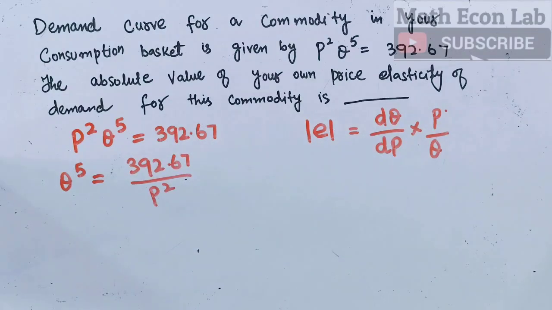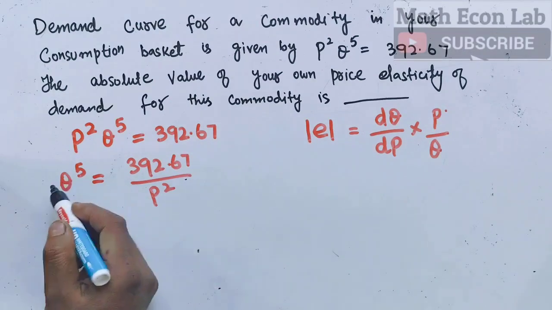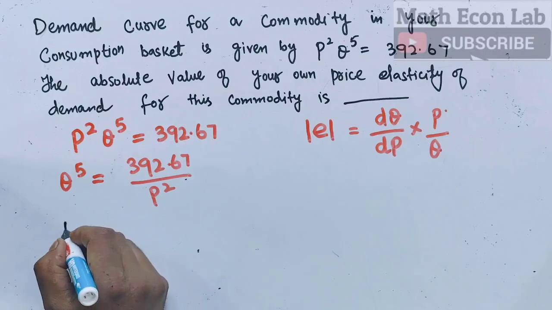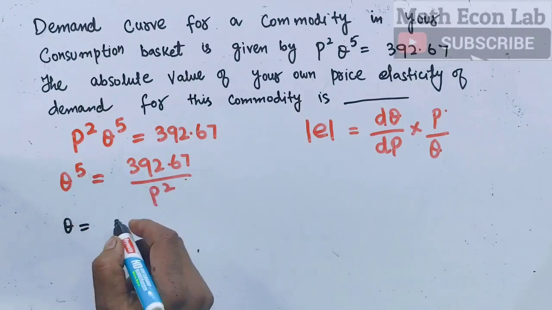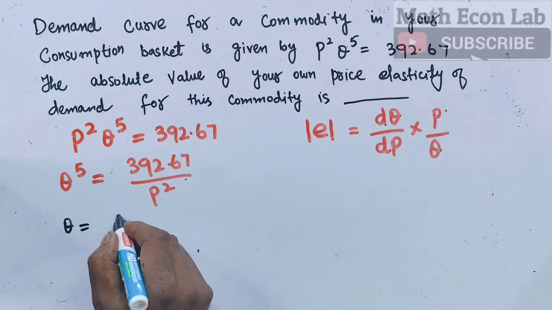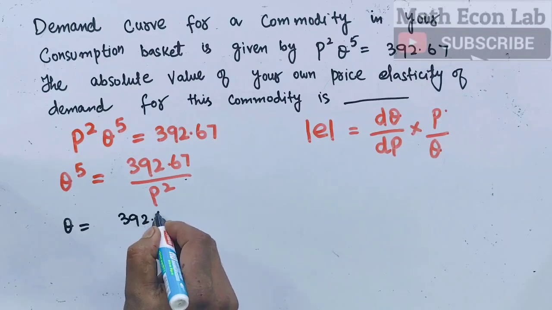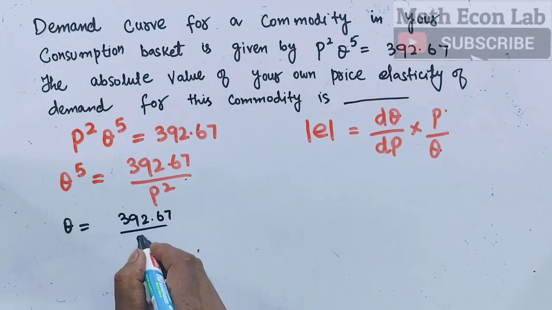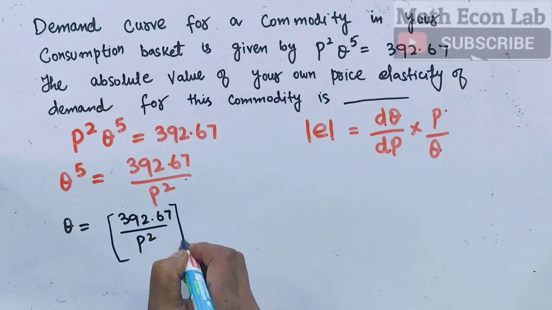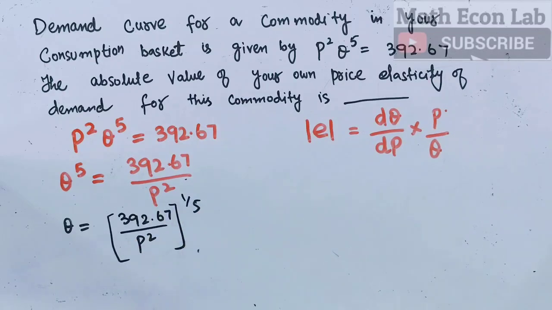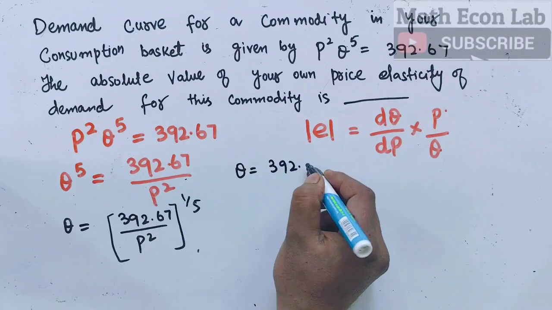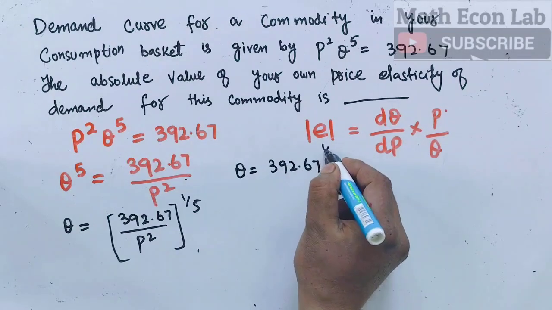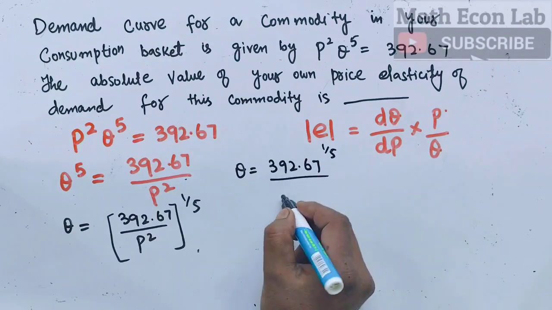Then since I only need q, transposing this, it becomes 1 upon 5 as exponent. So we will get 392.67 divided by p square whole raised power 1 upon 5, or q will be equal to 392.67 raised power 1 upon 5 divided by p raised power 2 upon 5.